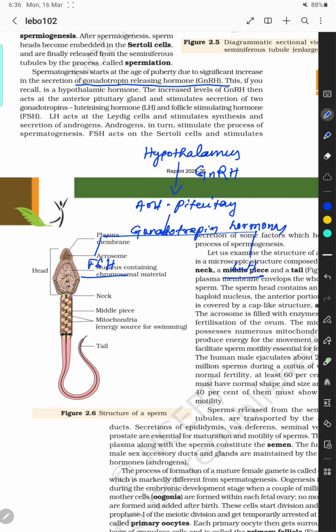Now what is the function of these two hormones? The LH acts on the Leydig cell.